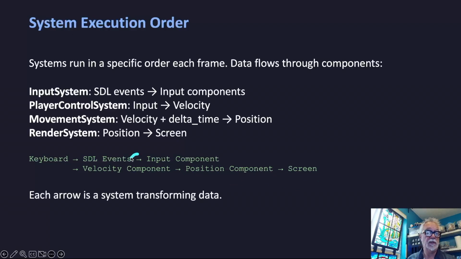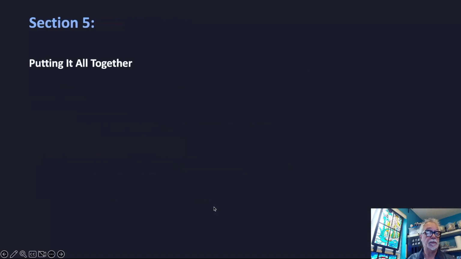So each one of these is a data transformation. Each one of these is a system that is actually processing the entities and either updating components or adding data to components. Okay, so we'll come back to the final part of this lecture of putting it all together.